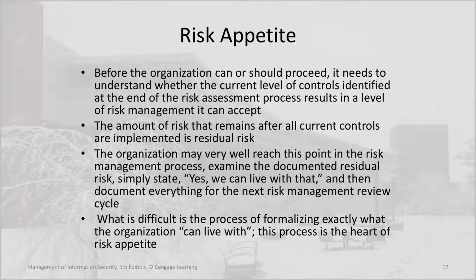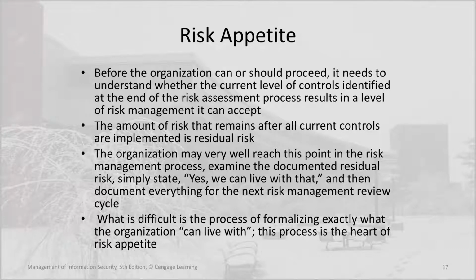Before the organization can or should proceed, it needs to understand whether the current level of controls identified at the end of the risk assessment process results in a level of risk management it can accept. The amount of risk that remains after all current controls are implemented is residual risk.